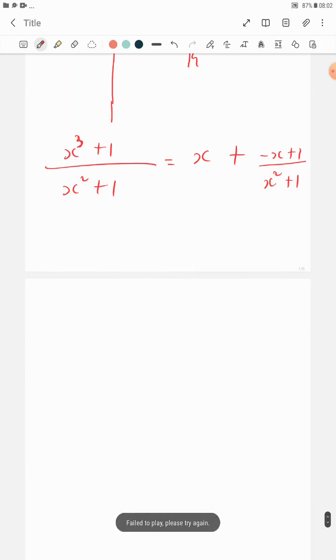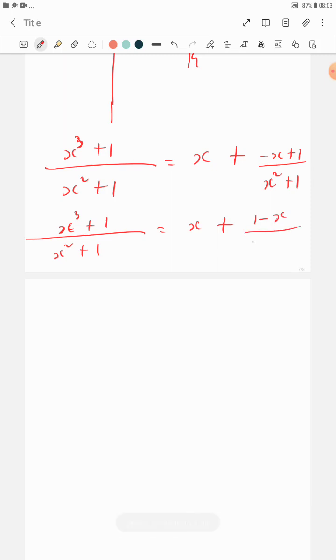So the next thing we need to observe, before we go on, is that we can also say x cubed plus 1 over x squared plus 1 equals x. Let's rearrange minus x plus 1, so it gives us 1 minus x over x squared plus 1.